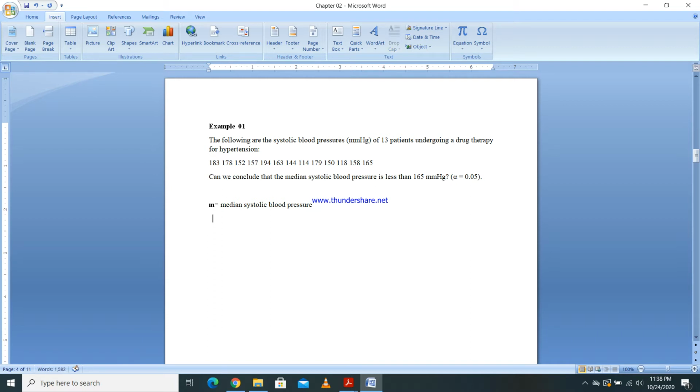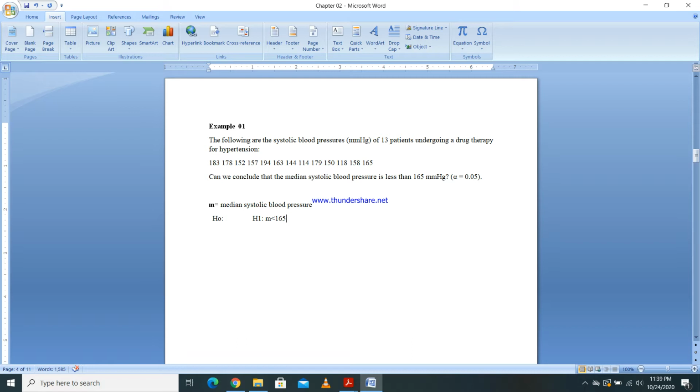So in that case, I can write my H naught and then I can write the H1. In this case, I will first write the H1, since we are always taking what is asked in our question, the complaint, as our alternative. So I'm going to write the median M is less than 165.